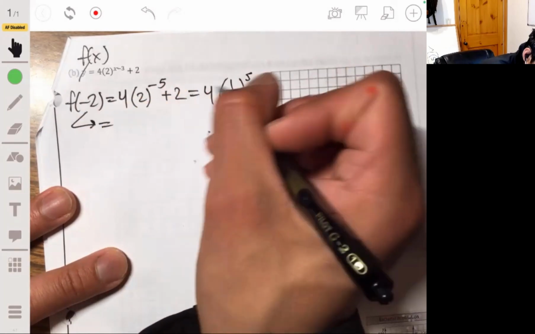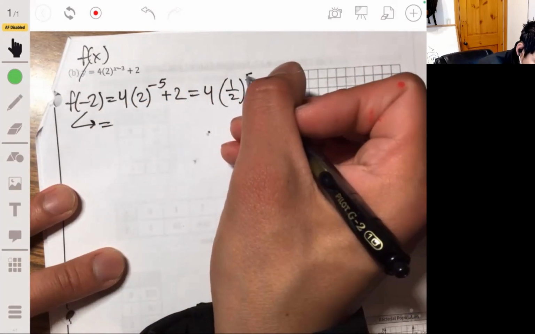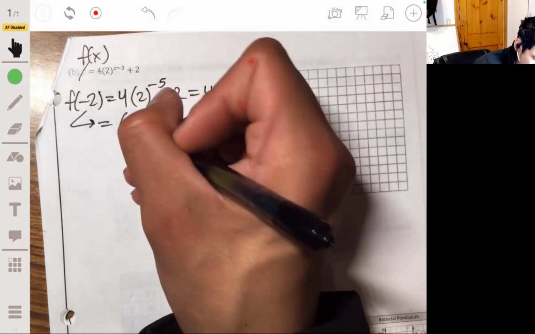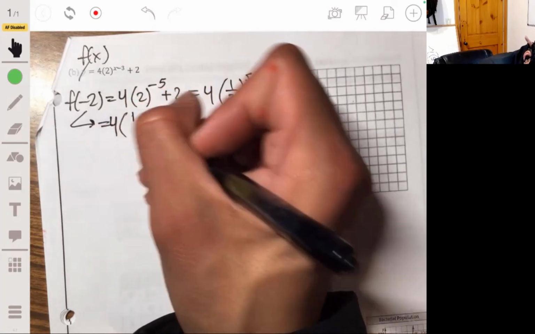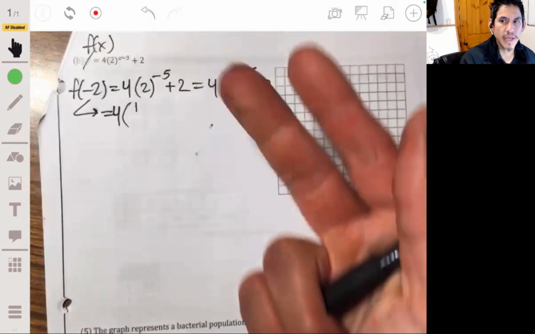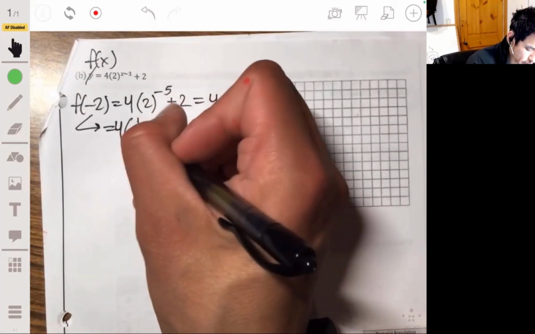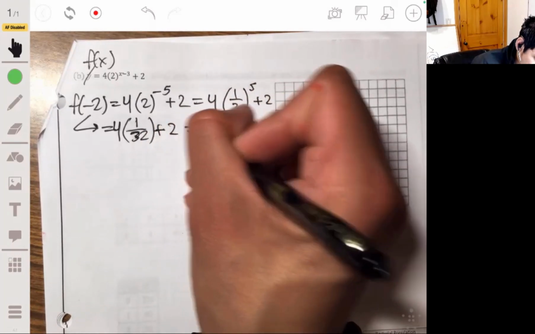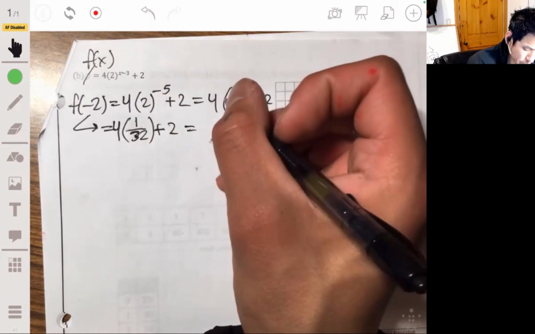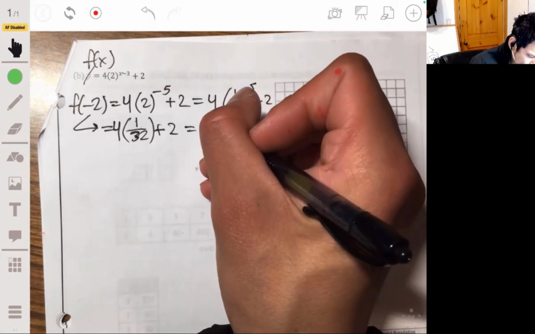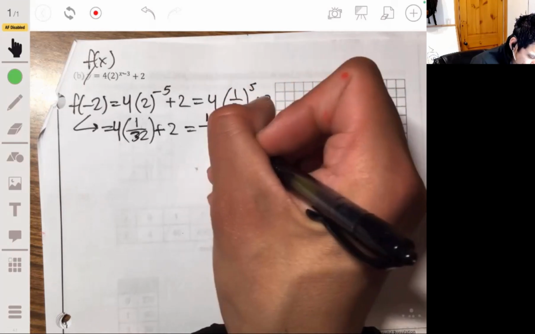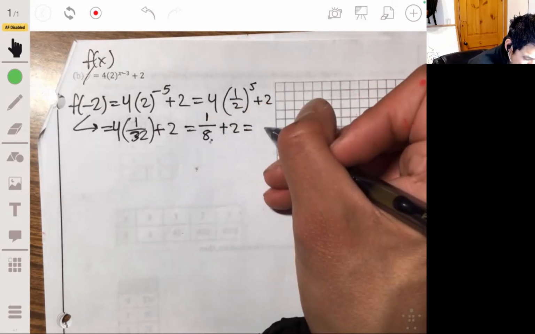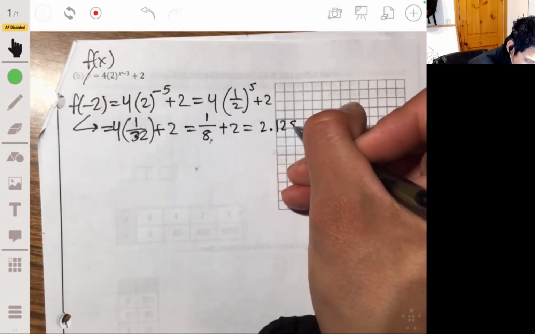This ends up being 1/2 to the 5th power. 4 times 1 over 32, 4 over 32, or just 1 over 8, plus 2, which will then be 2.125. It's a decimal.